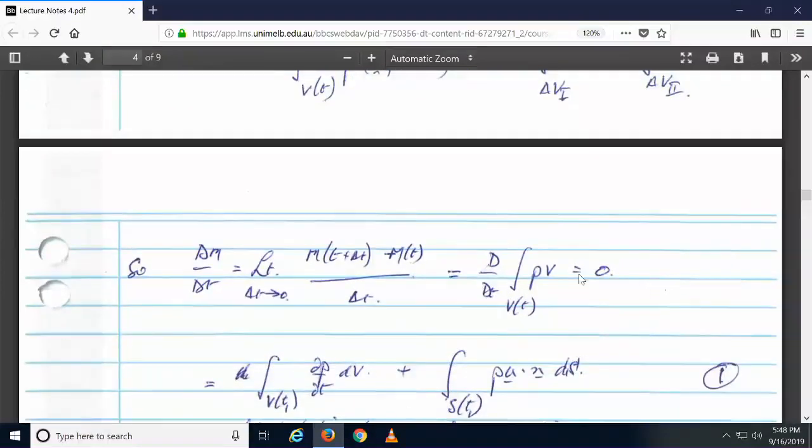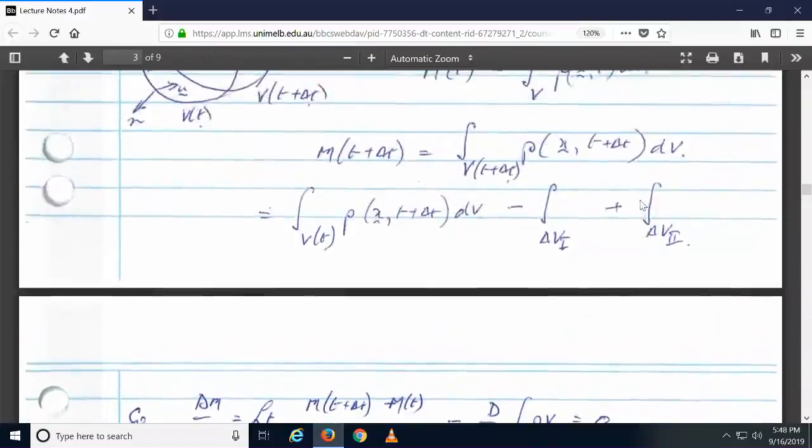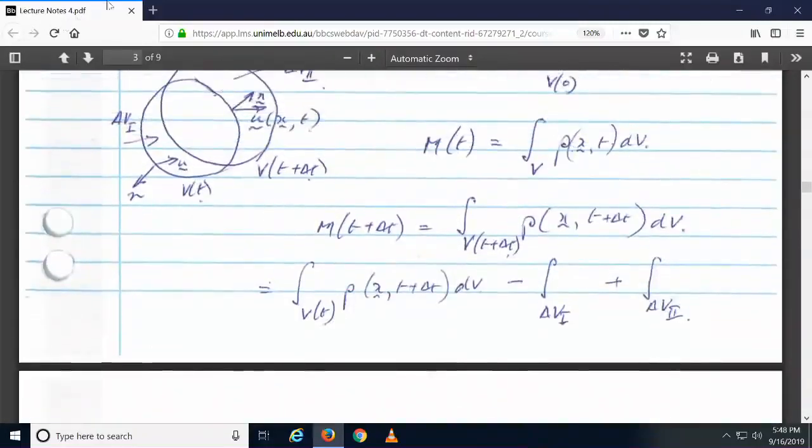And you can see that these volumes, delta V2 and delta V1, one of them is minus, but the n, let's just remind ourselves, the n is the outward normal always. So the outward normal here is this direction.